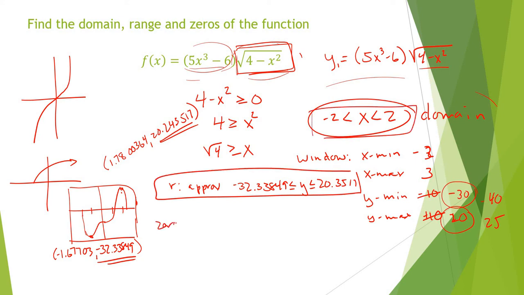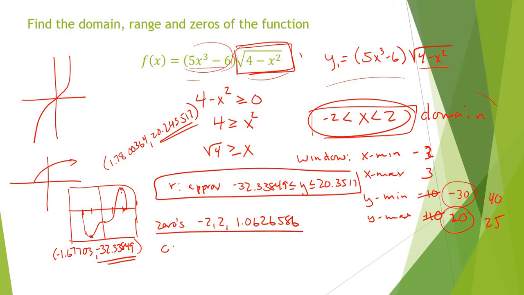Now my zeros, I already know that there's one at 2 and -2. And I can find a 0 again. Go back to your calculator, second calc 0. And my zeros are -2, 2, and 1.0626586. I have 3 zeros, which I would expect from a cubic function.